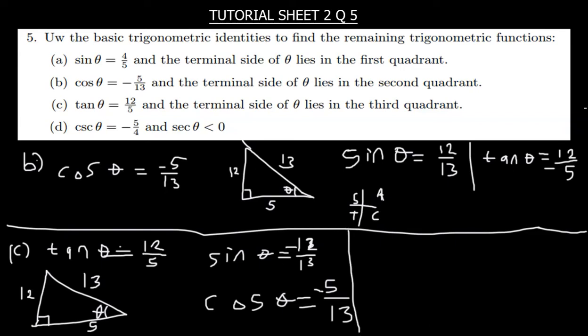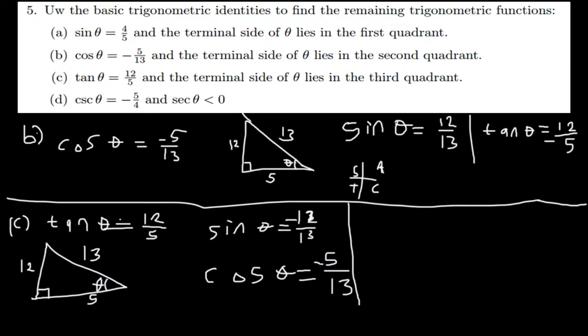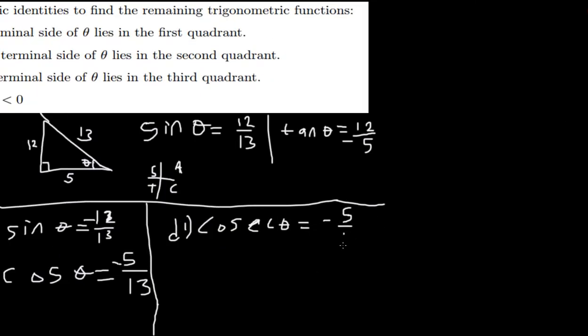So the last part of this question is D. They're saying cosec theta is equal to negative 5 over 4.